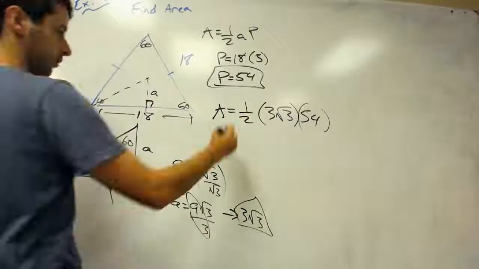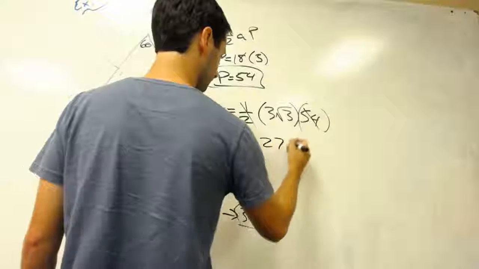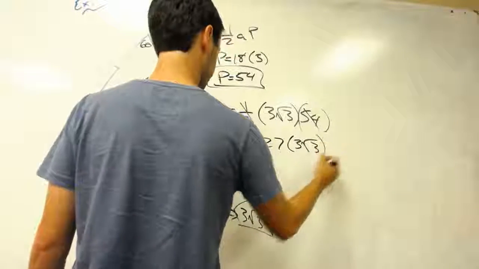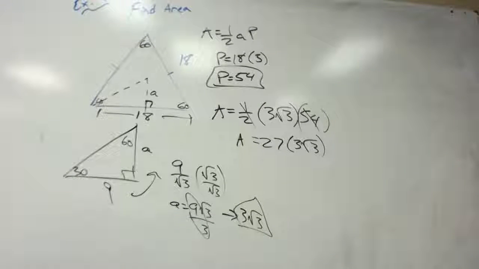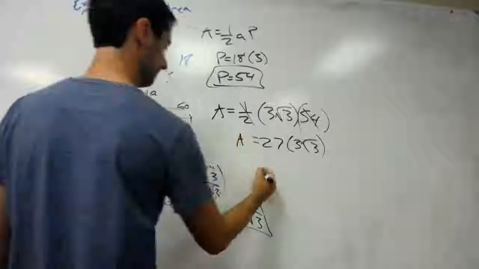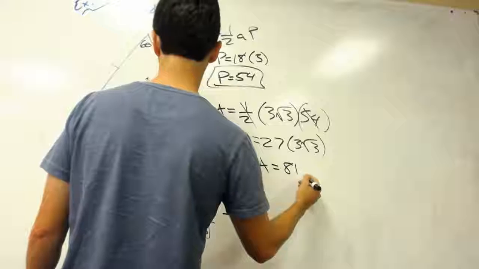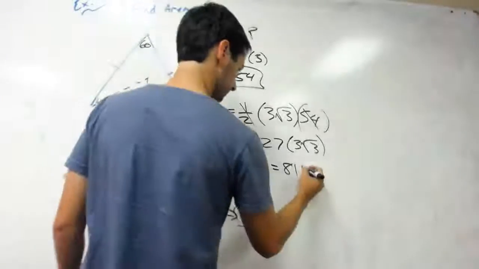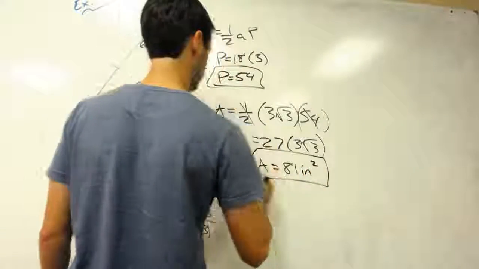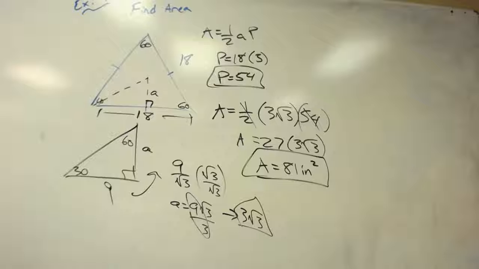I'm going to do 1/2 of 54, 27. And then 27 times 3 is 81 radical 3. My measurement, I do not know, inches. And so you do area of regular polygons and find the apothem.